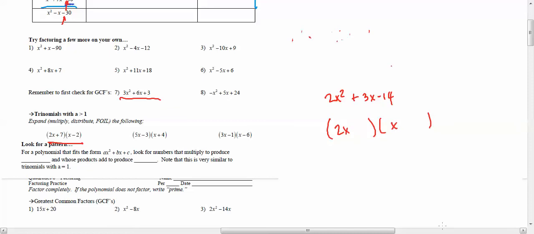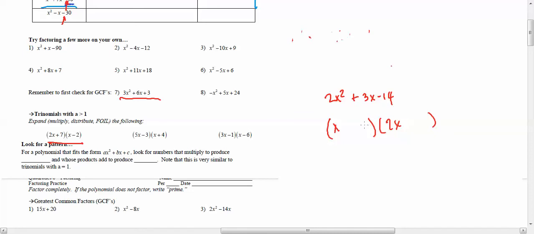I definitely would have to have 2x and an x, or I could have x and 2x. It actually doesn't really matter in that case, right? Because they need to multiply out to be 2x squared. We cool? You still need to choose numbers that multiply out to be 14. So we can go 7 and 2, or 1 and 14, that kind of stuff.